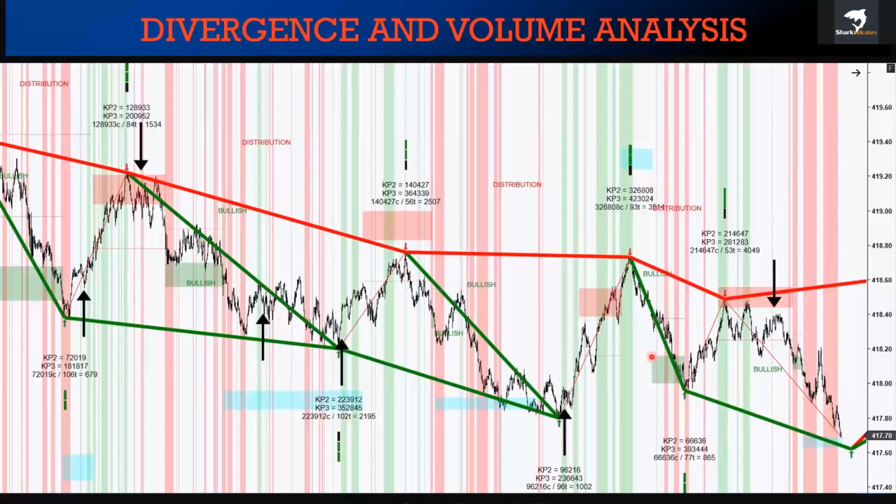So that's basically the volume analysis part of this. The other part that is really important to understand, though, is let's say we had gotten on from here. Well, we're getting a real-time sell signal as we get up to here with this divergence distribution.